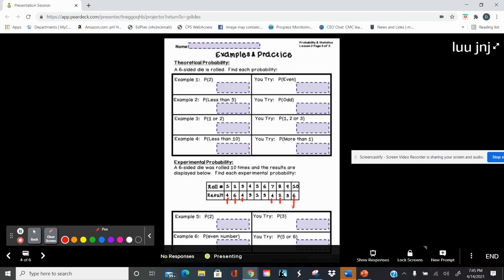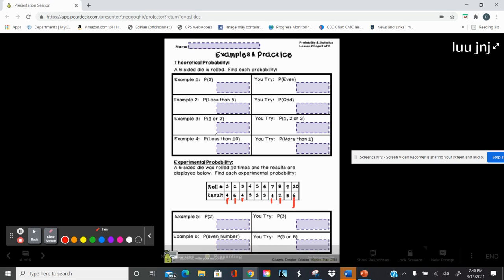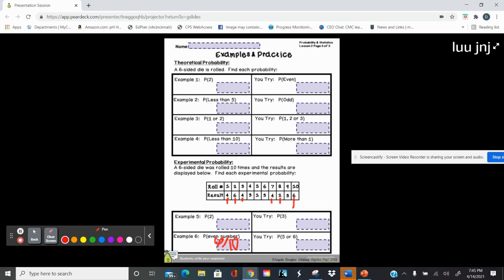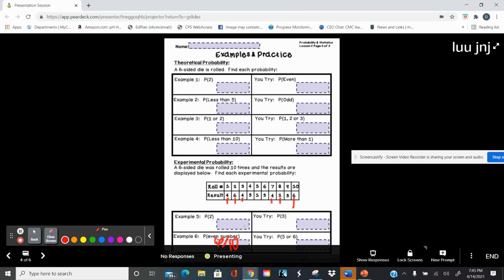We have 6 even numbers. So we're going to put a 6 here out of 10. And that can be simplified. So let's go ahead and divide it by 2. And if we divide that by 2, we will end up getting 3/5. And that would be our answer.